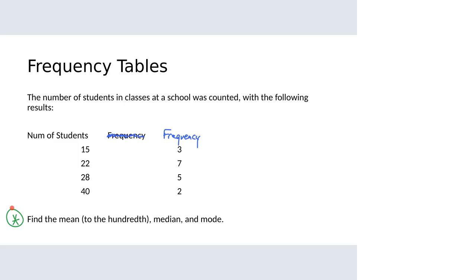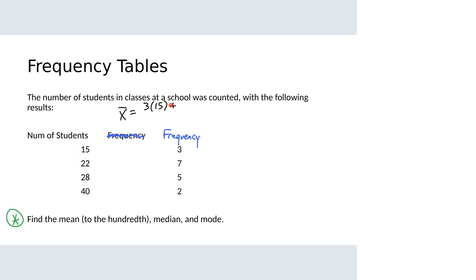Okay, first thing we want to find here is the mean. So let's do that. Our mean of this data set is going to be add them up and divide by how many there are. So the mean. I could do 15 plus 15 plus 15, but instead, I'm going to do 3 times 15 because I have 3 15s in my data set.